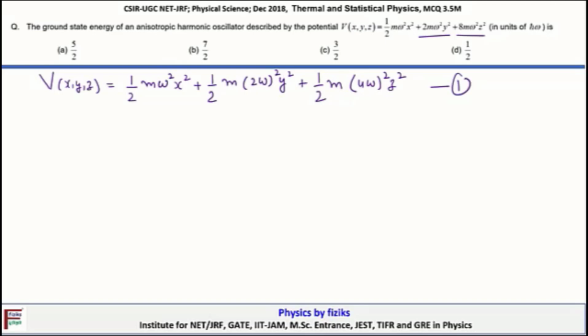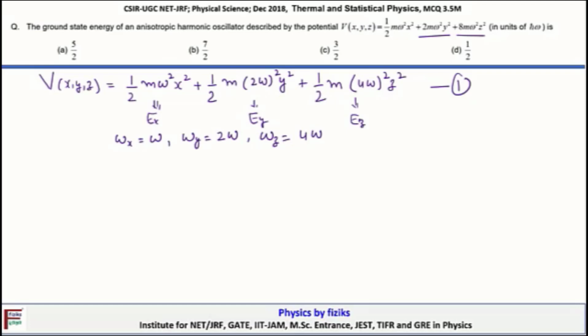If we take a look at equation 1, such that the frequency of oscillation along the x direction is equal to omega, along the y direction we call it omega y, that is twice omega, and similarly omega z is equal to 4 omega. So in this sense it's an anisotropic harmonic oscillator.